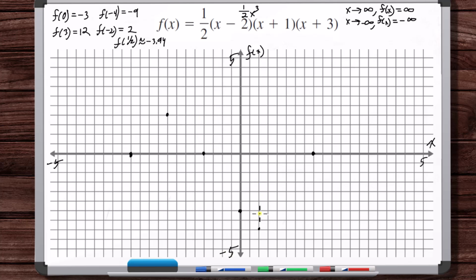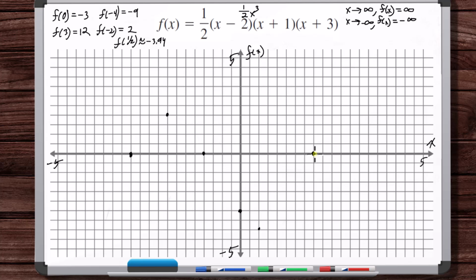Okay, now I'll make these midpoints between the x-intercepts the minimum points. Again, I'm not sure if that's always officially the case, but for these rough sketches, it's fine. Well, wait.